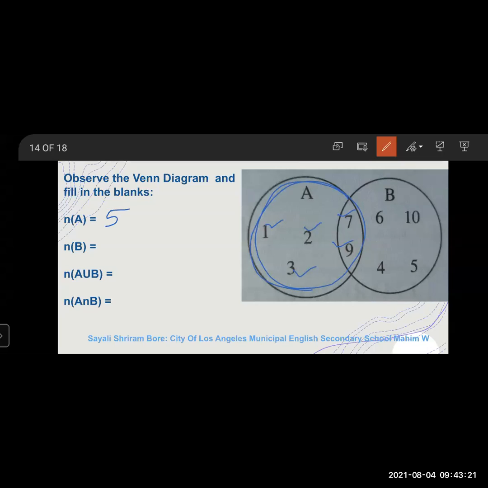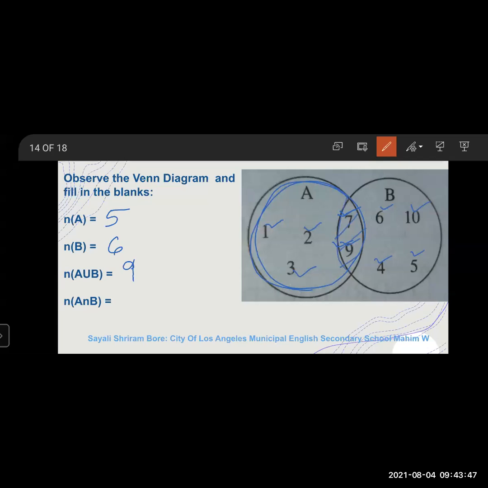B, how many elements are there? 1, 2, 3, 4, 5 and 6. 6. Okay. In the union of this, how many elements are there? 1, 2, 3, 4, 5, 6, 7, 8 and 9. 9. Okay. And intersection, this is the intersection part.